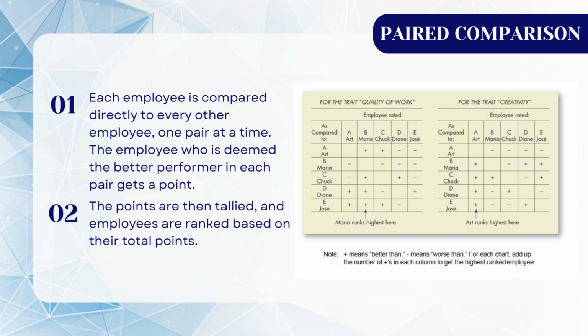Just like the ranking method, it doesn't provide detailed, actionable feedback for individuals' performance, limiting its effectiveness as a development tool. And also, the paired comparison approach is prone to evaluator biases, which can affect the fairness of assessments. Okay, so we might also need to be careful in using this performance evaluation method.